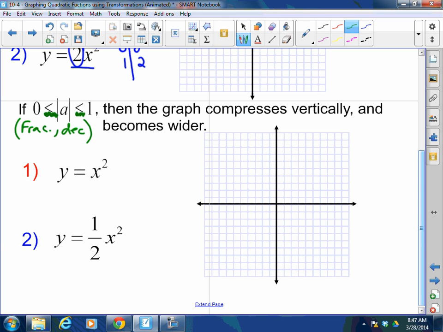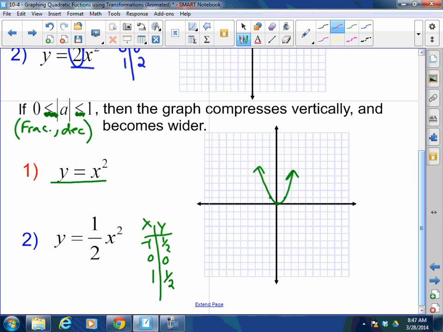Again, let me prove it. Y equals x squared: (0, 0), (1, 1), (negative 1, 1). That's my parent function. Y equals 1/2 x squared. Let's make a table: negative 1, 0, and 1. Negative 1 squared is 1, so that's going to be a half, 0, and a half.